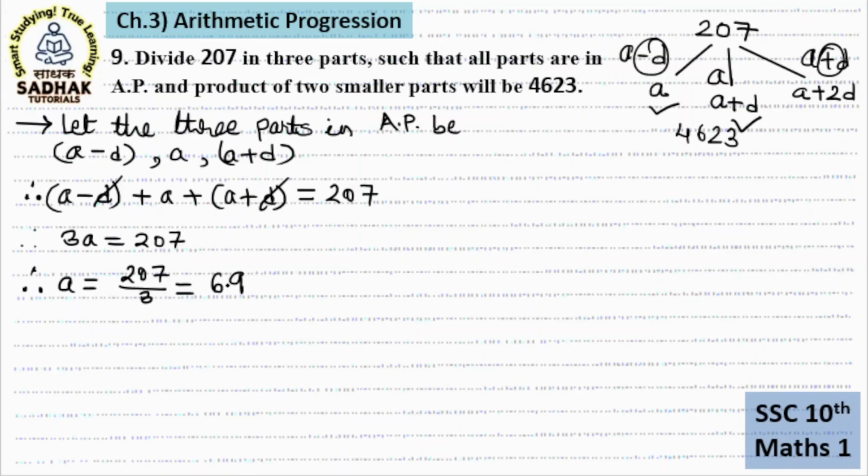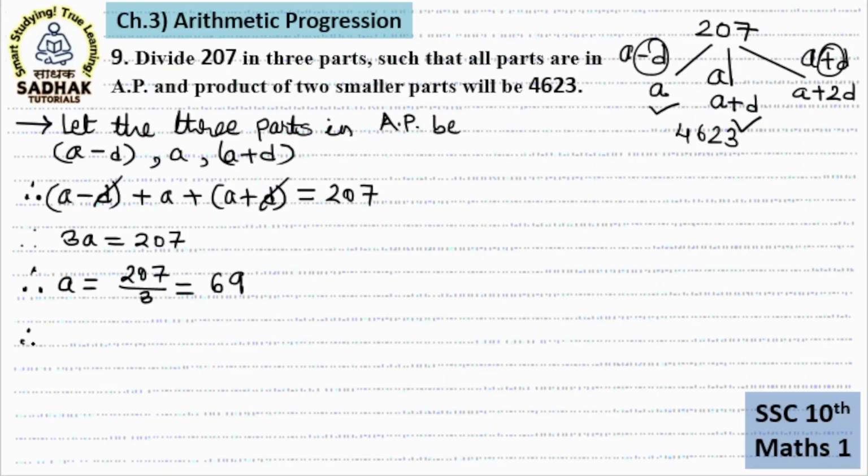Now we have to find out the value of D. For that we will use the second condition. What is the second condition saying? That the product of the two smaller parts is 4623.